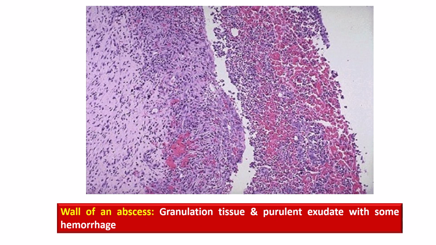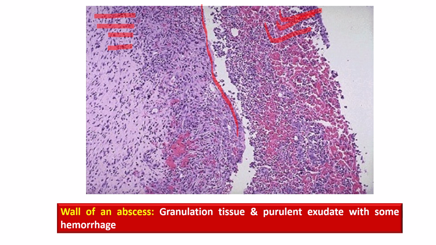This histological picture is showing the wall of an abscess. Over here, this area is granulation tissue, while here, this is the purulent exudate or organizing fibrin that is present within the abscess cavity. The pink-purple cellular area is mainly the granulation tissue.